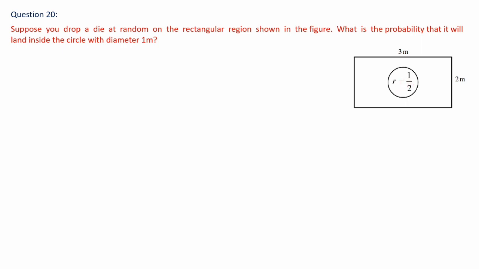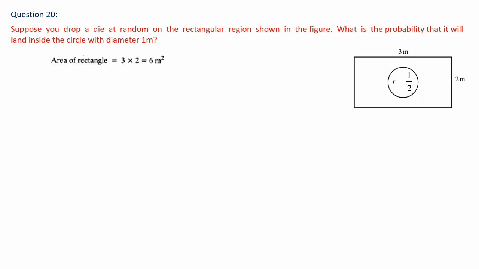So it's quite simple. First of all, we have to calculate the area of the rectangle, because in this area only you are going to drop the die. So we have to find out that rectangular portion area, length into breadth, that is 3 into 2, equal to 6 meters square. Then your favorable one is, as per the question, what is the probability that the die will land inside this circle?